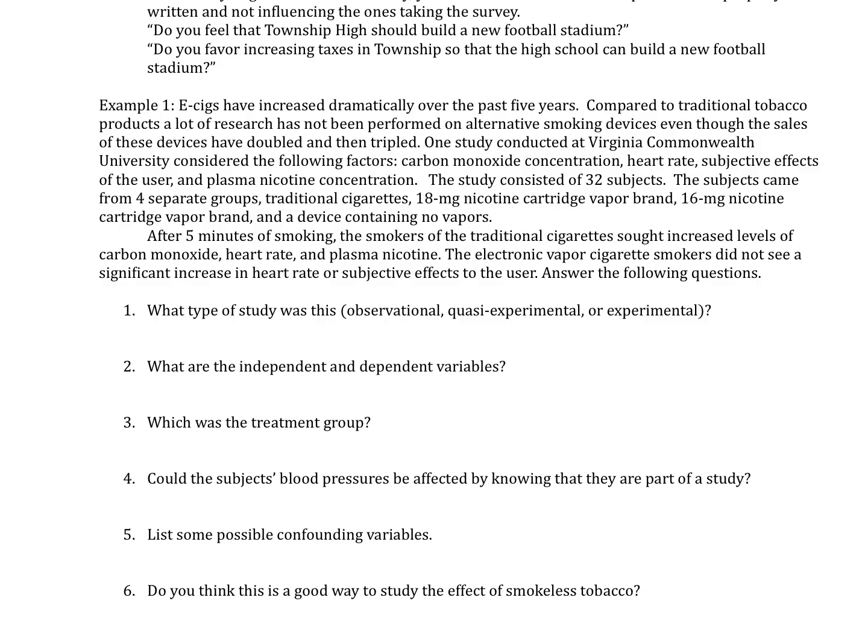The subjects came from 4 separate groups: traditional cigarettes, 18 milligram nicotine cartridge vapor brand, 16 milligram nicotine cartridge vapor brand, and a device containing no vapors. After 5 minutes of smoking, the smokers of the traditional cigarettes saw increased levels of carbon monoxide, heart rate, and plasma nicotine. The electronic vapor cigarette smokers did not see a significant increase in heart rate or subjective effects to the user. Answer the following questions.